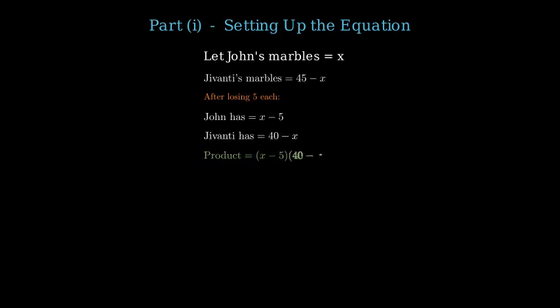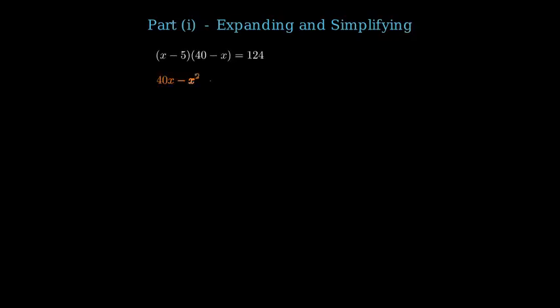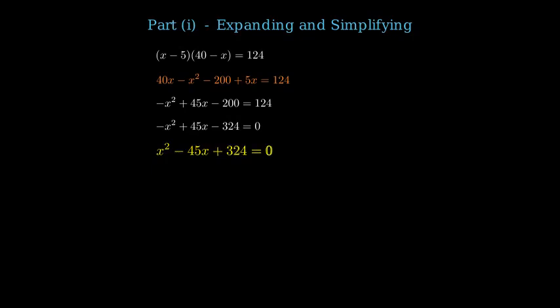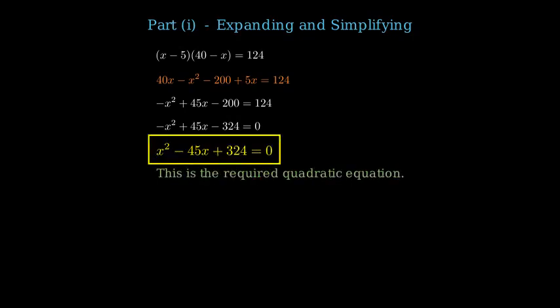After losing 5 each, (x minus 5) times (45 minus x minus 5) equals 124. Simplifying, (x minus 5) times (40 minus x) equals 124. This gives x squared minus 45x plus 324 equals 0, a quadratic equation.